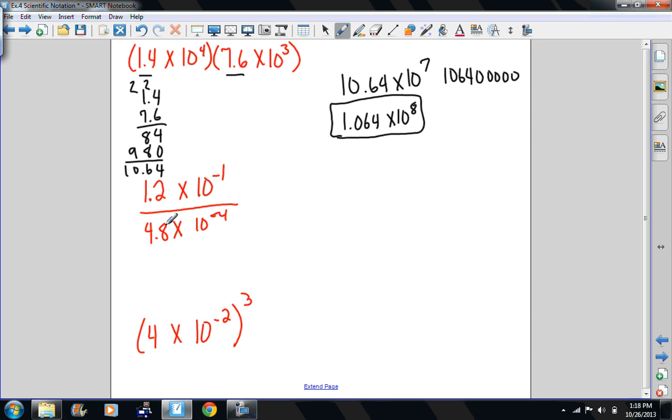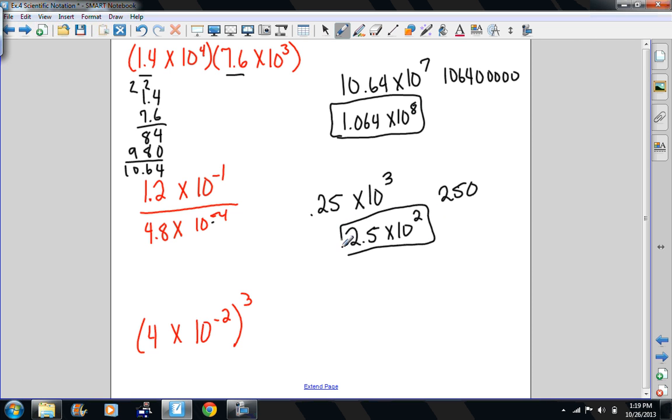This bottom one might be a better example because 1.2 divided by 4.8 is just 1/4 or 0.25 times 10, and -1 minus negative, that should be a -4, minus a -4 turns into 3. So that becomes 250, or 2.5 times 10 to the 2nd.